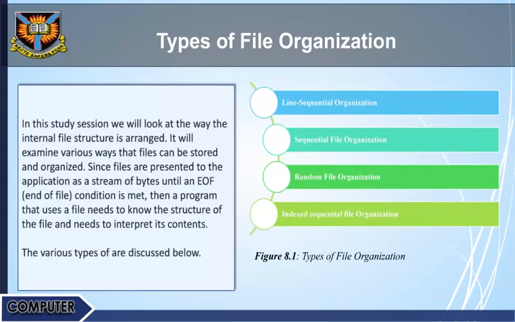Types of file organization. In this study session, we will look at the way the internal file structure is arranged. Since files are presented to the application as a stream of bytes until an EOF condition is met, a program that uses a file needs to know the structure of the file.